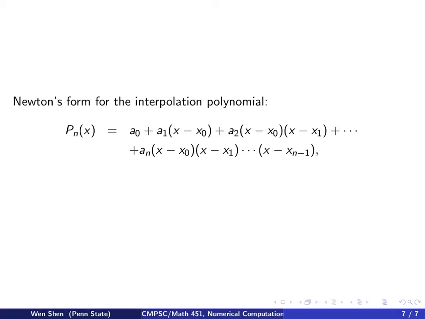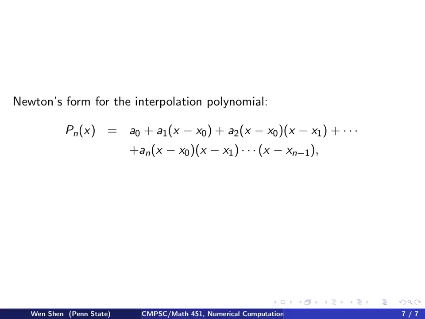And then you add on the additional piece to make p2, which is a2 times x minus x1 times x minus x0. And so on and so forth until you reach the last term, that is an times the product of all these terms. And this is called Newton's form for the interpolation polynomial.